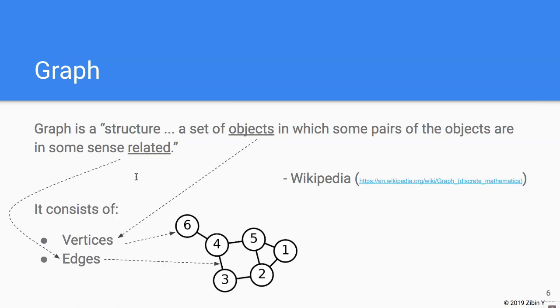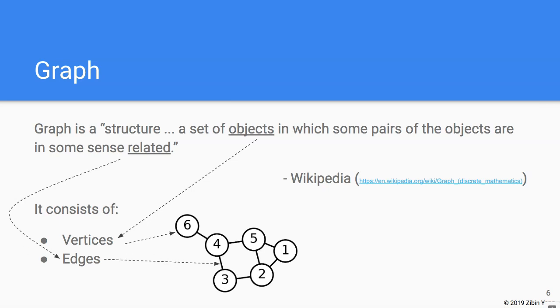How they are actually manifested in a graph is that the objects are represented by what are called vertices, or singular vertex, and the relationships between pairs of objects are generally called edges. So this is a very simple graph. These are vertices, the numbers are vertices, and the connections between these numbers are edges.